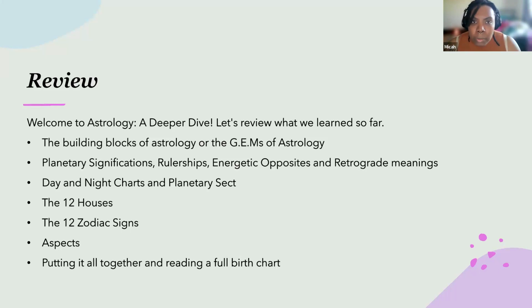We talked about aspects, the major aspects. I don't really work with, nor do I cover, the minor aspects, like the semi-square and things like that. Not that they're not important, but to me, the major aspects probably cover them.